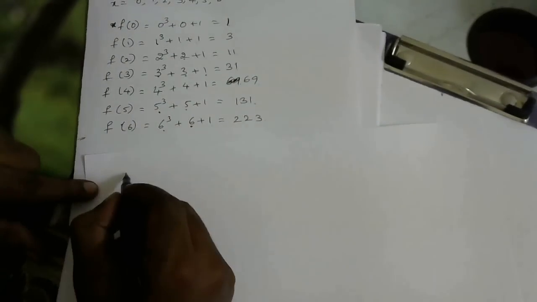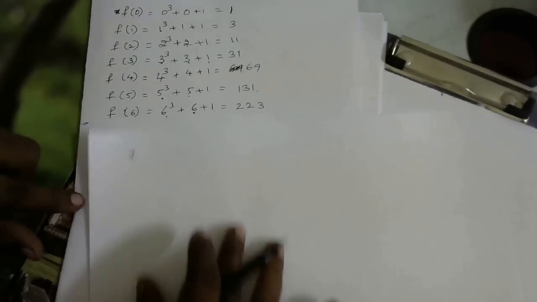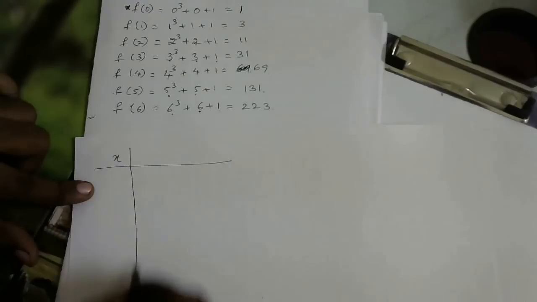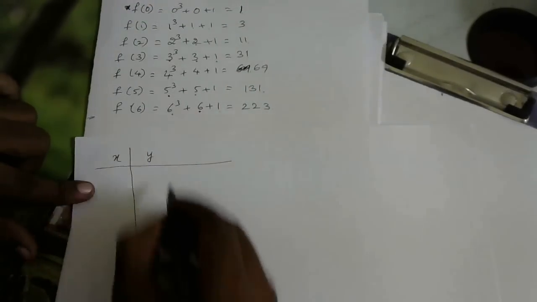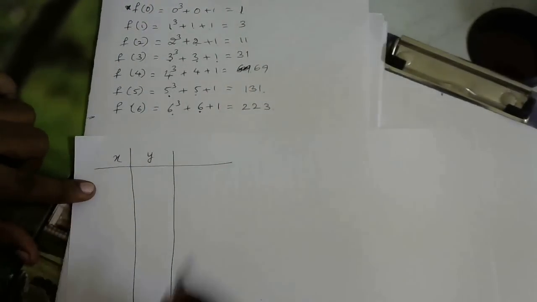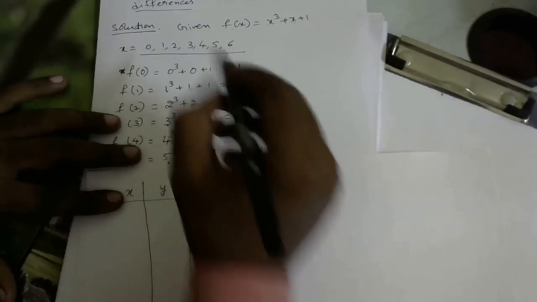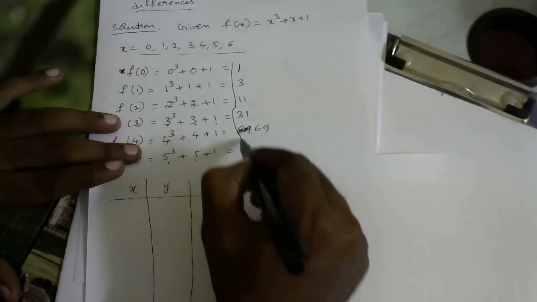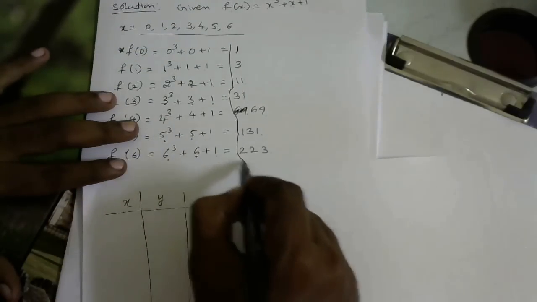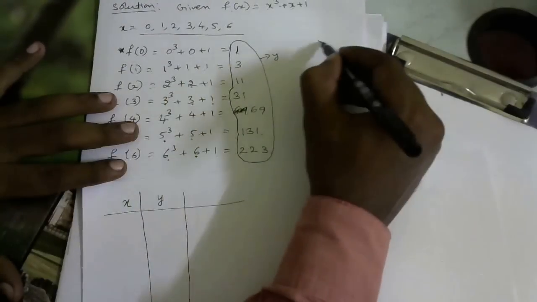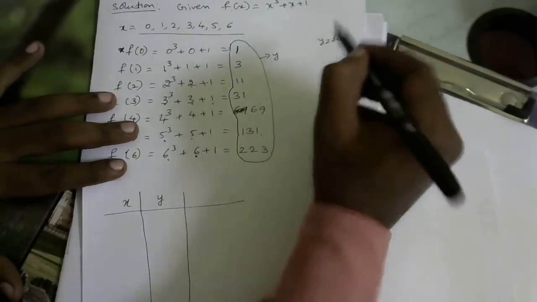So here the x values, and here the y values. These are all your x values, and these are all your y values, because y equals f of x.